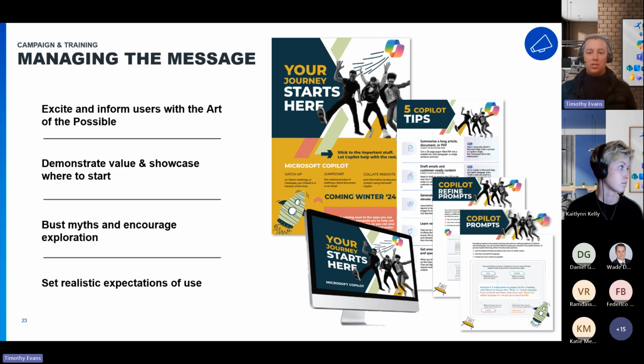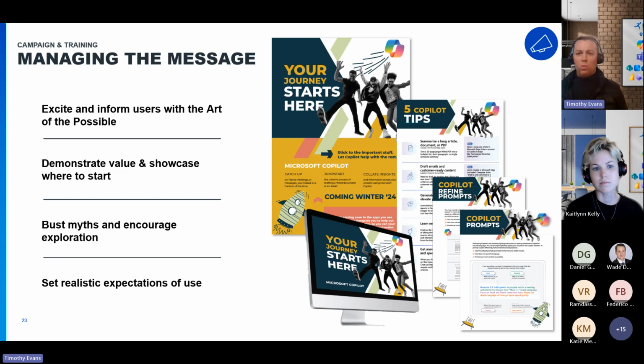So controlling and managing that message is really important. We want to think about encouraging exploration and sharing experiences, like Caitlin mentioned, of a colleague, of a key use case, and highlighting those success stories so that we can, again, encourage this nature of curiosity.